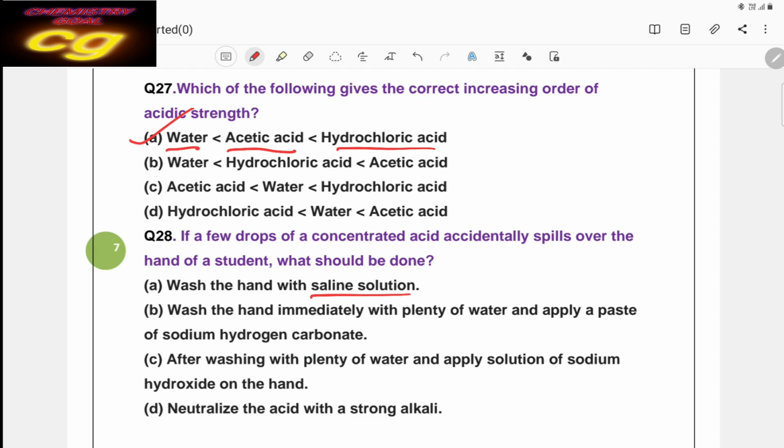That is the correct answer, because we cannot use sodium hydroxide as it is a strong base. So first use plenty of water to wash it, then apply sodium hydrogen carbonate, which is basic, so they will neutralize.